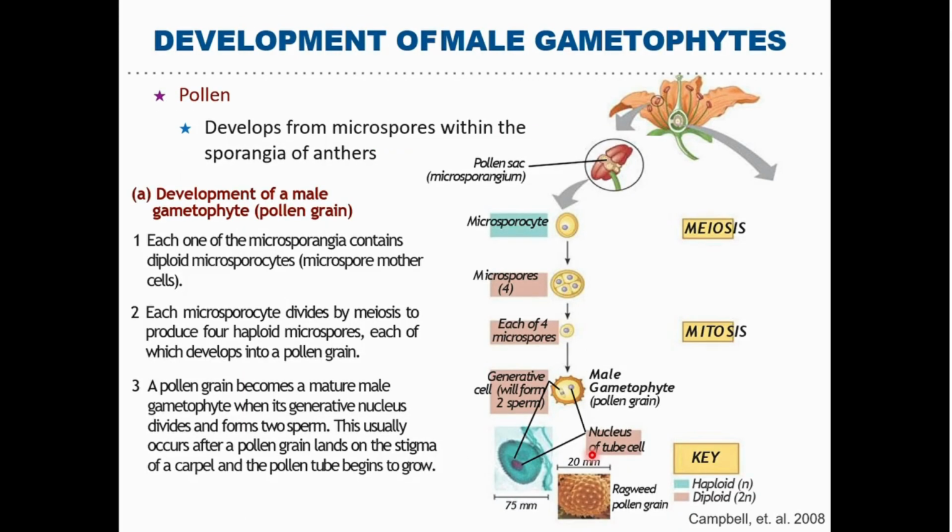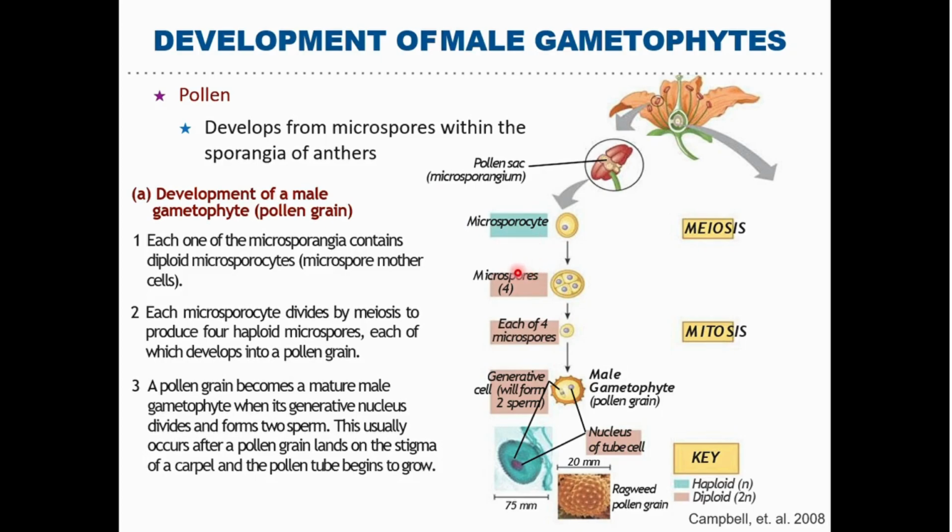For the development of male gametophytes, pollen develops from microspores within the sporangia of an anther. This is the sporangia and inside is the pollen. Through the process of meiosis, the microsporocyte will form microspores.